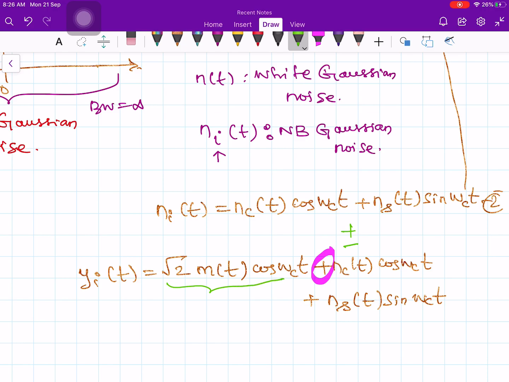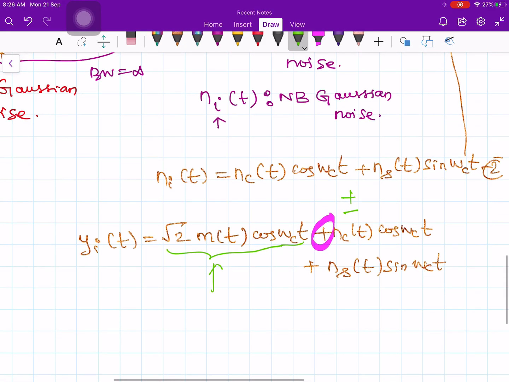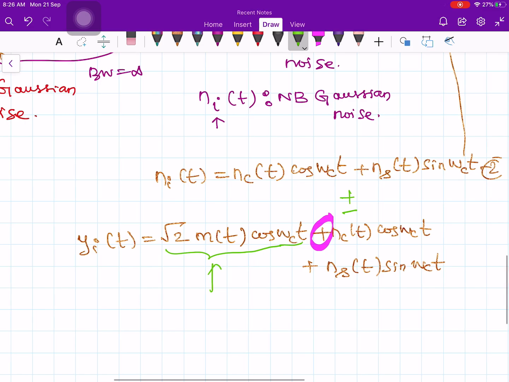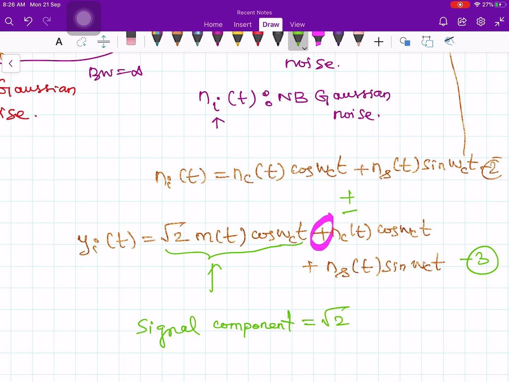This is my signal power. Okay, at the input to the demodulator, this is your signal component. So the power in this component is the signal power at the input to the demodulator. Therefore, my signal component is equal to root 2 times m of t cos omega ct. Let me call this equation 4.